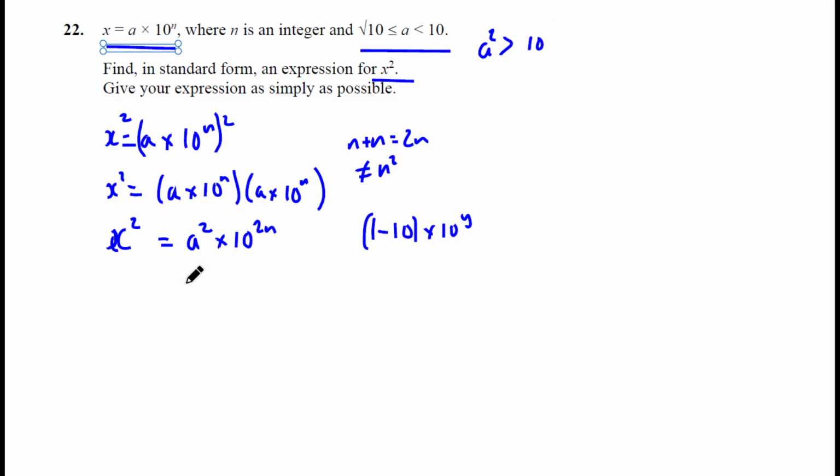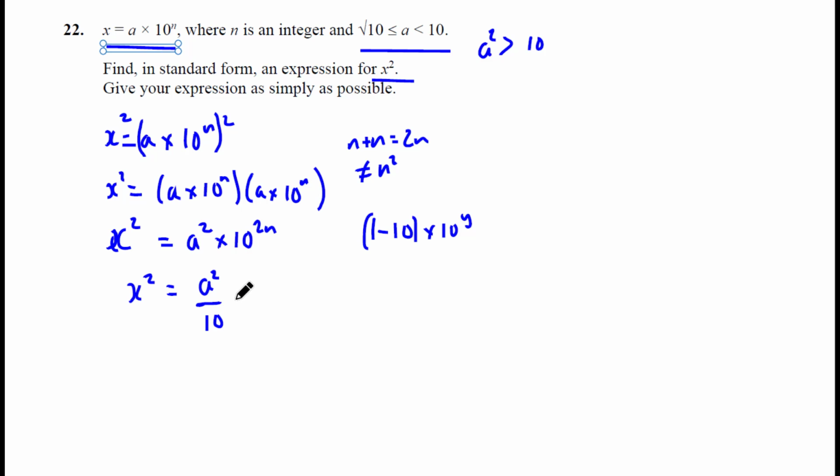So we need to get rid of this. Essentially, if we divide this by 10, because a can't be bigger than 10, this will guarantee that this value is going to be between 1 and 10.